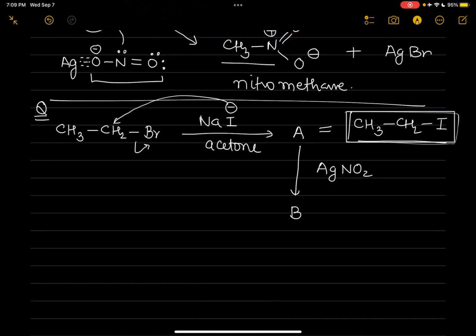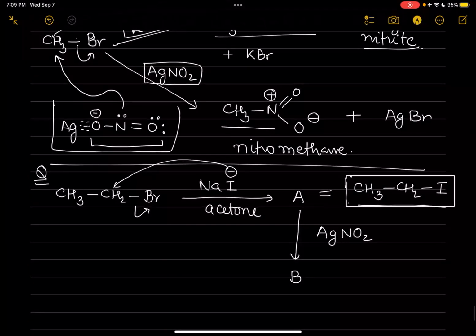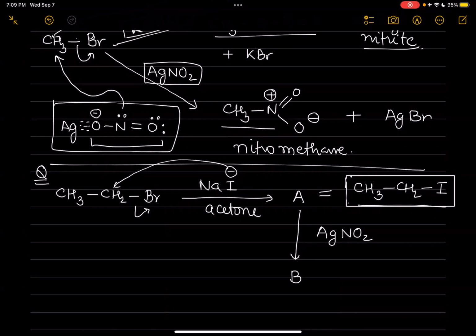And when you react A with AgNO2, remember, you have to remember this picture in your mind. O minus is actually involved in the bond with Ag. So O minus now will not attack.